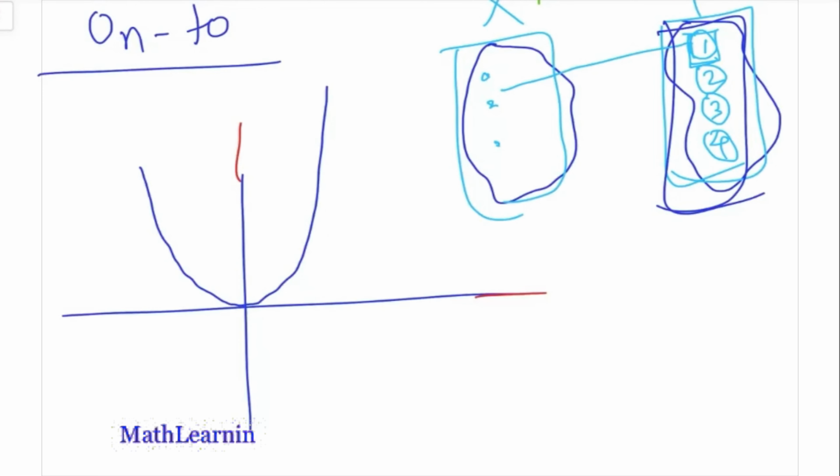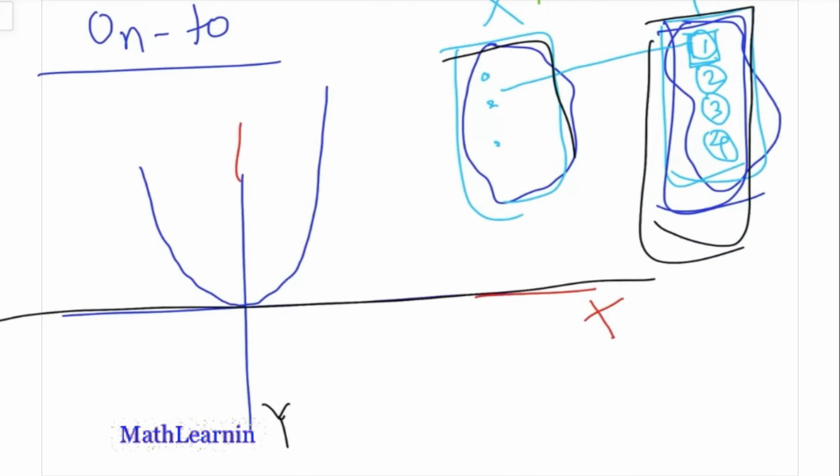This is a set X, and this is a set Y. All values of set X are on the x-axis, in a one-variable function, and all values of set Y will be on the y-axis. So what is my definition of onto function? Every element of set Y must have at least one element in set X. Now you see this value. What are these values?